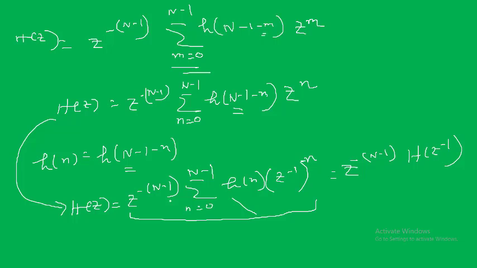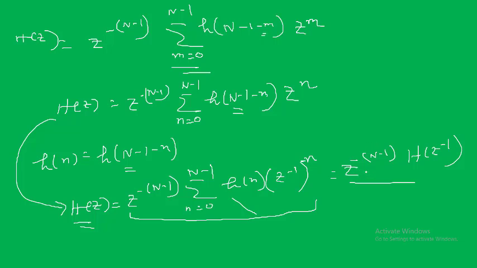So from this equation, what we can conclude is that h of z equals z to the power minus n minus 1 h of z inverse. So h of z inverse and h of z, they are the same, just with a delay factor.